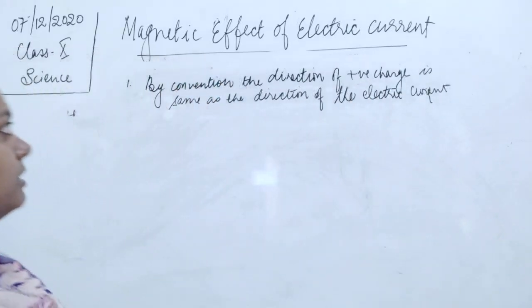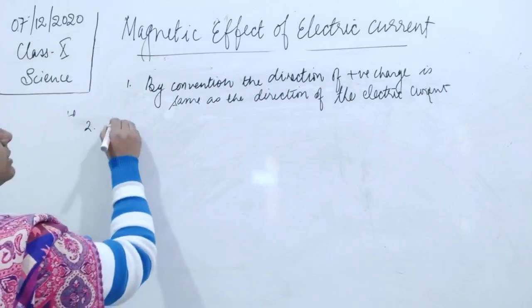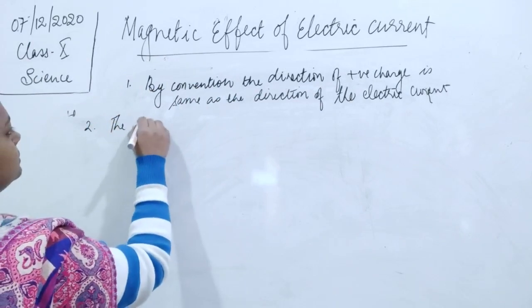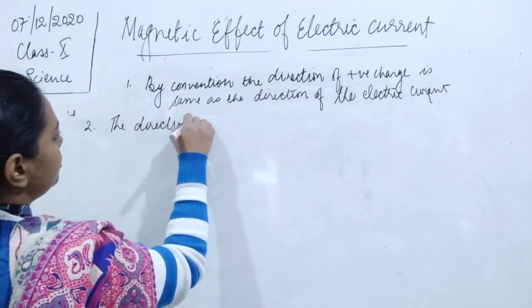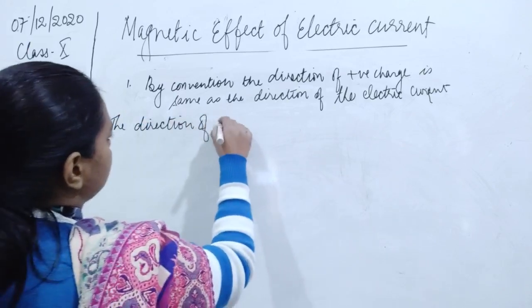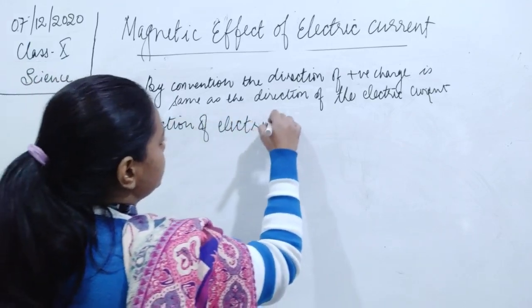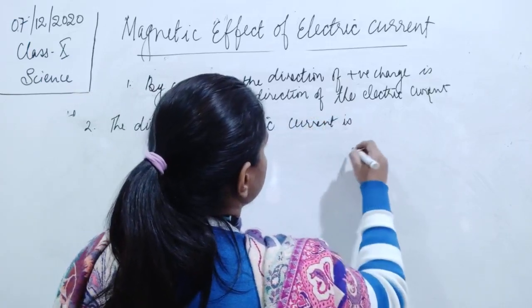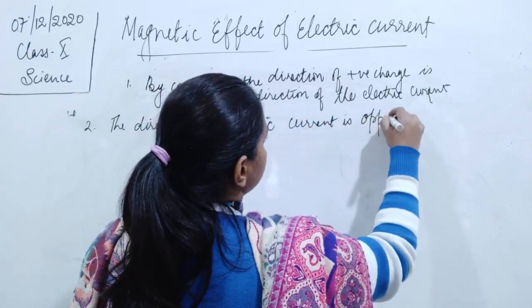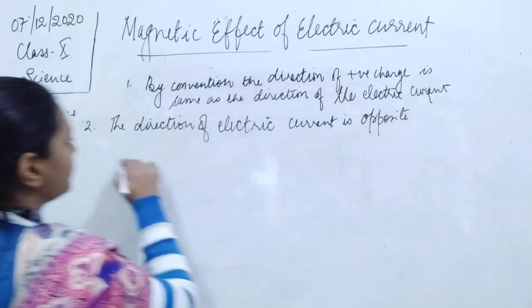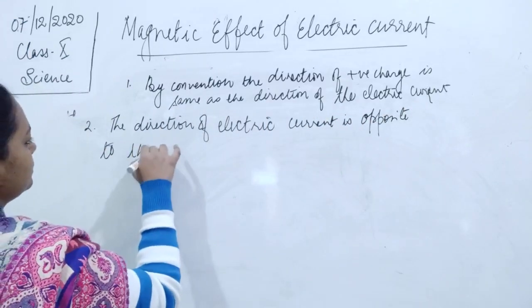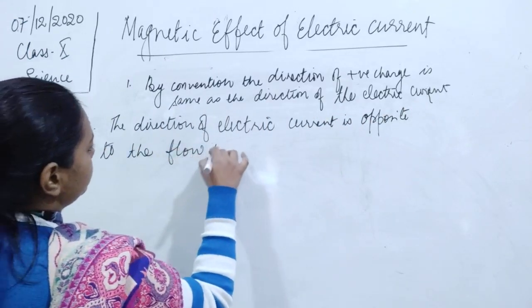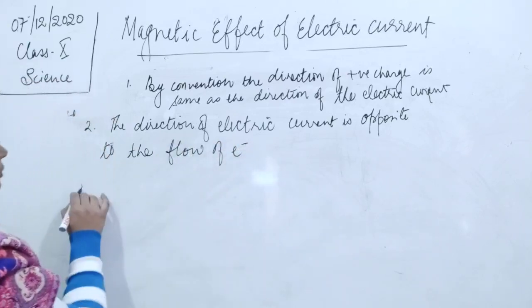So please remember, second point is the direction of electric current is opposite to the flow of electrons.